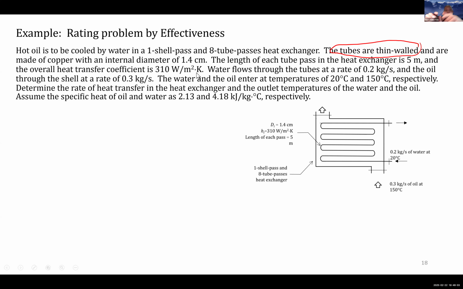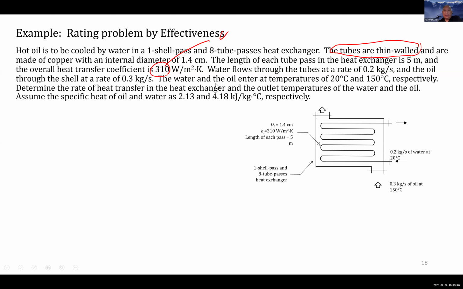Wow, you're lucky because this one is U, the overall heat transfer coefficient. Water flows through the tube at a rate of 0.2 kilogram per second, and the oil through the shell at a rate of 0.3 kilogram per second.